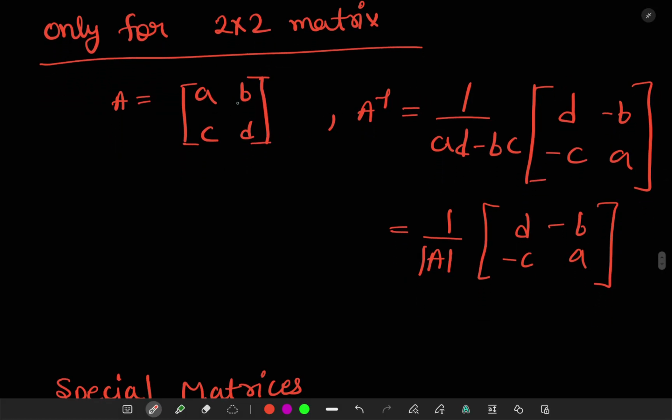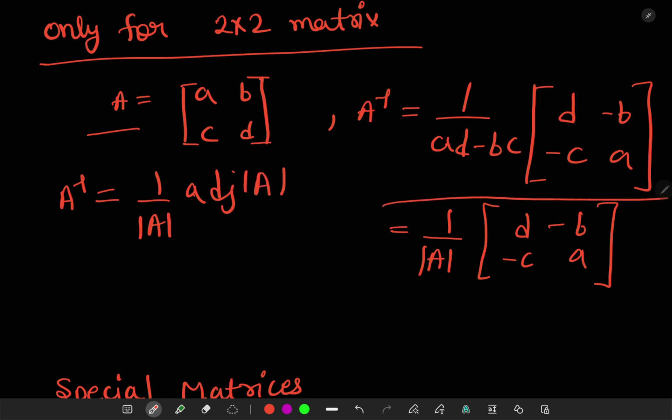If we have a matrix A which is A B C D, then its inverse, if we find using the formula of A inverse equal to 1 by determinant of A into adjoint of A, we get this. On comparing this, we can write 1 by determinant A of adjoint of A.